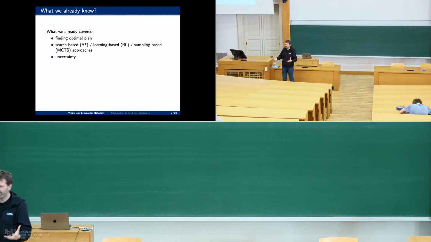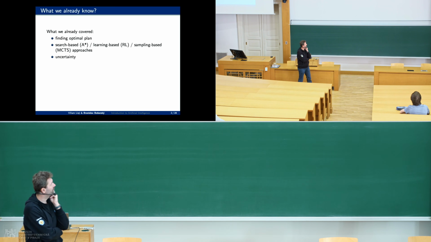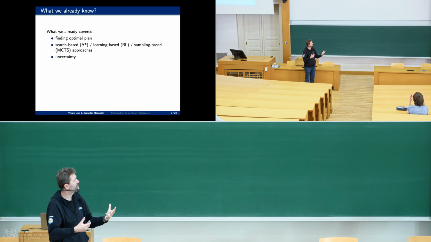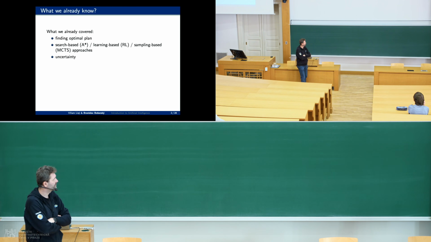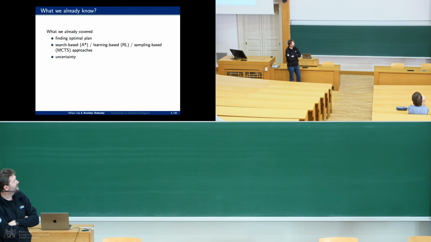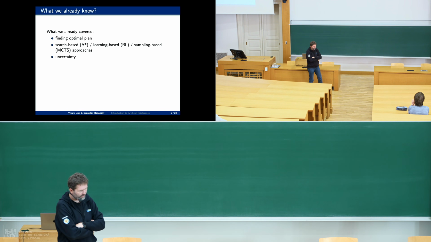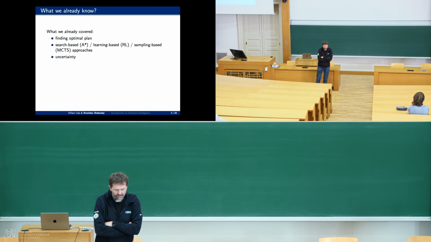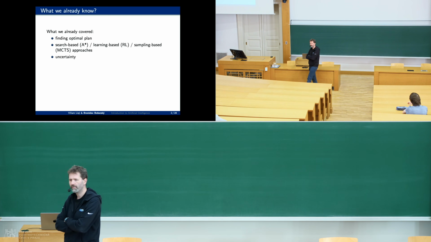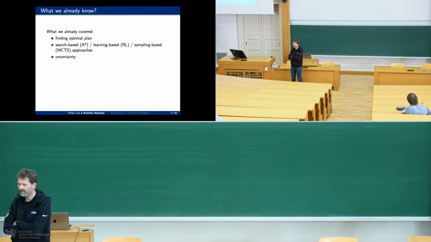We learned how to sample the state space and how to deal with and solve very, very large single agent problems, and also games. And throughout the last lecture, you have learned how to deal with uncertainty, how to deal with probability, how to reason about probability.